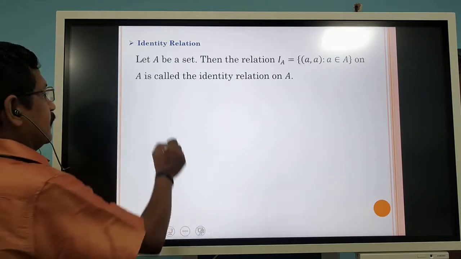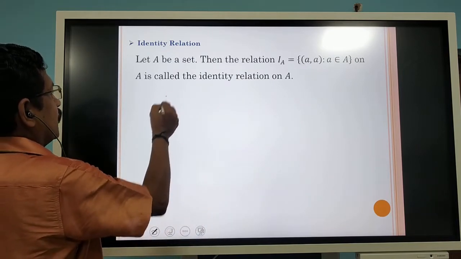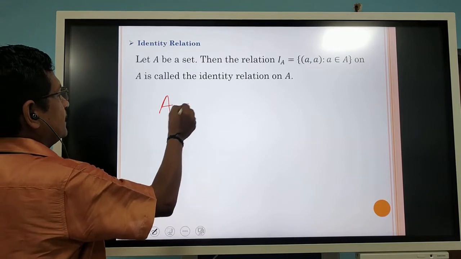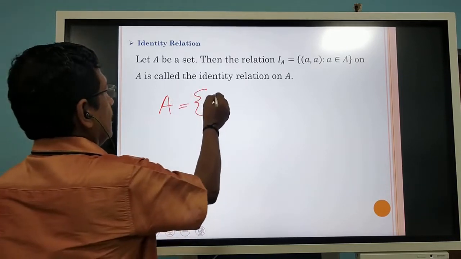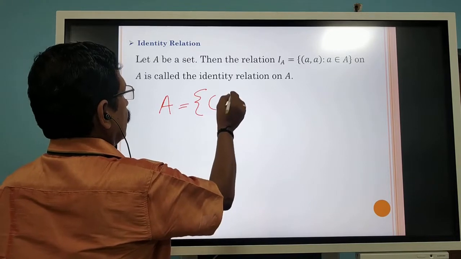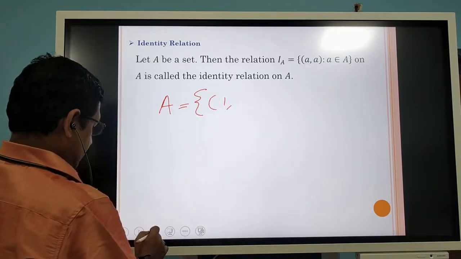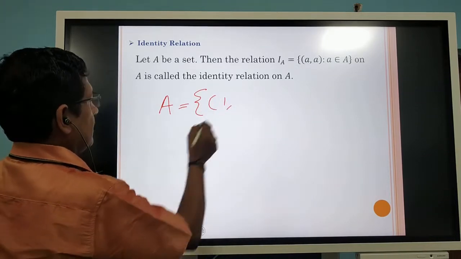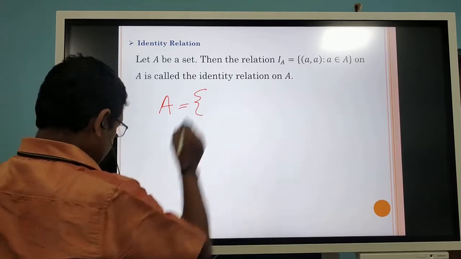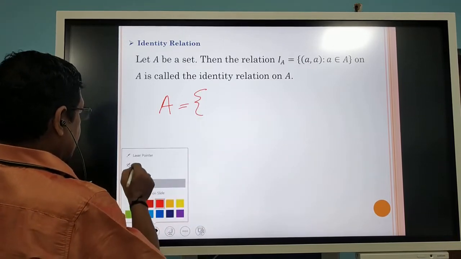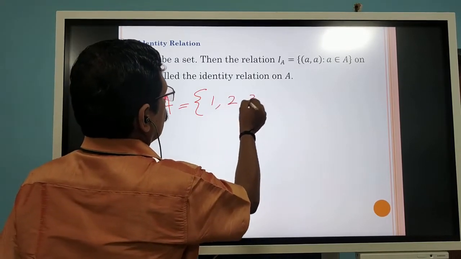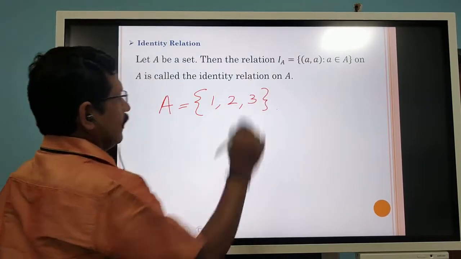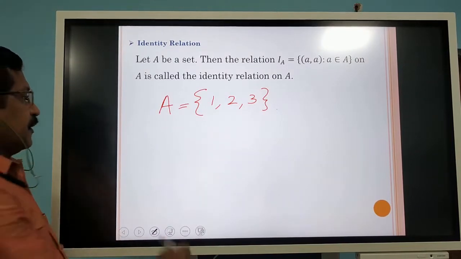Let us consider a set, suppose A equal to the set {1, 2, 3}. Now I am defining a relation here, R1.